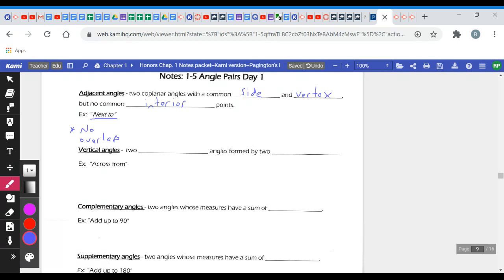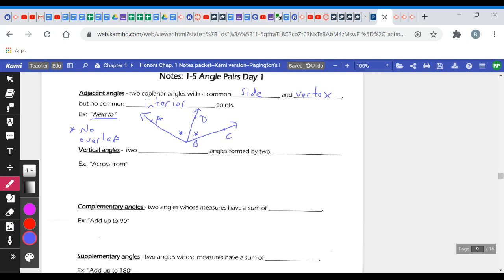So if I go and draw a picture of that, I'm going to draw two adjacent angles. I'm going to put some points on these angles: an A here, a B here at the vertex, a C over here on this ray, and a D here. Now I'm referring to these two angles being adjacent, or right next to each other.